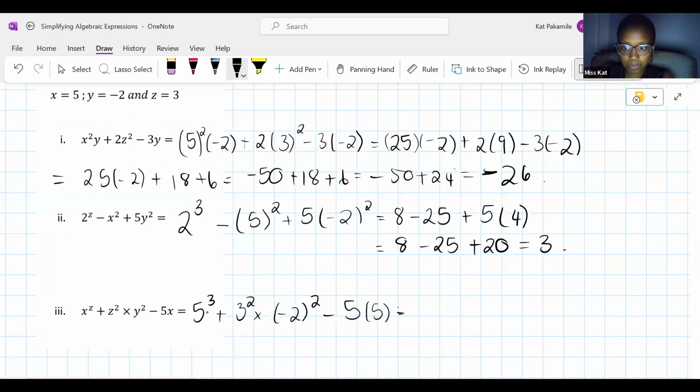So first we'll work out the exponents, which was 5 to the power of 3. Is how much? 125. 3 to the power of 2, which will be 9.